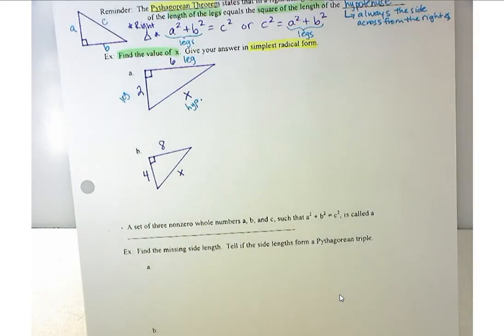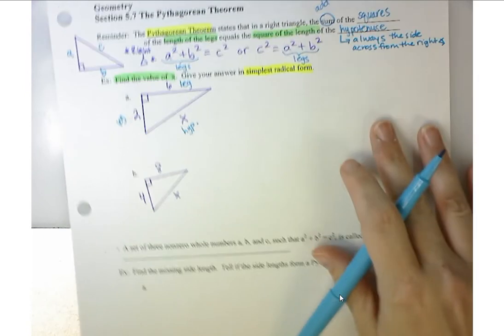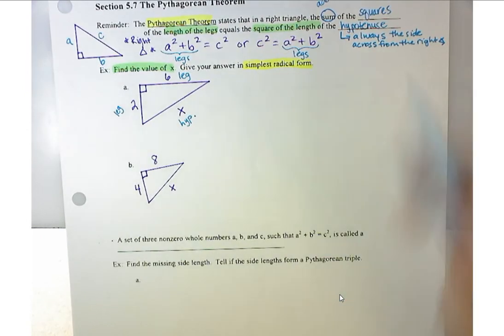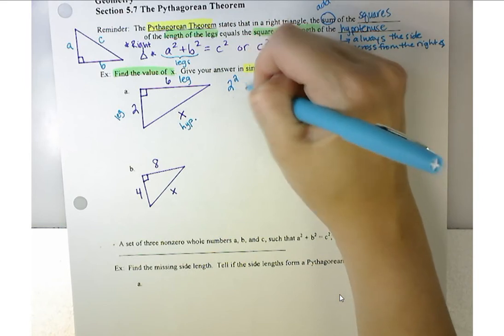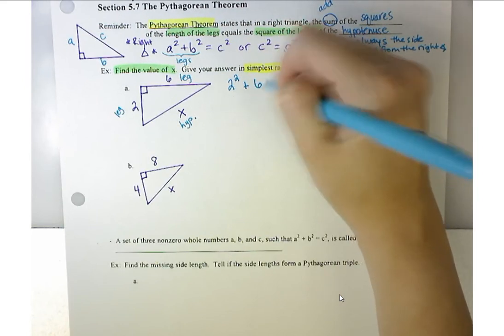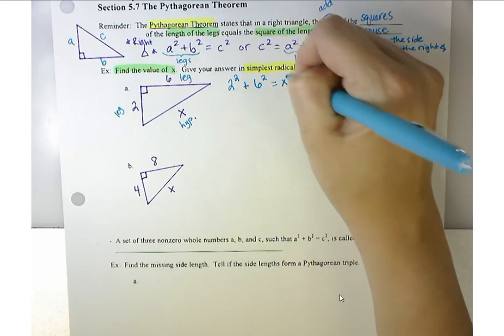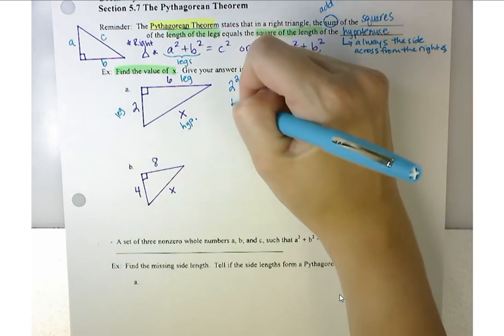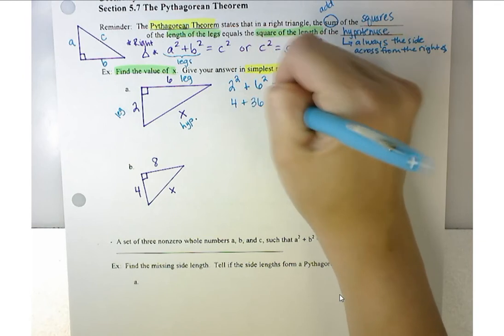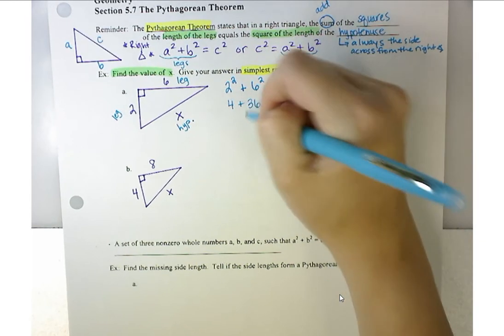Again, it doesn't matter which one is A and which one is B. But if I set this up according to my equation, I would have 2 squared plus 6 squared equals x squared. Okay, so 2 squared is going to be what? 4. 6 squared? 36. So when I add those together, what do I get? 40.